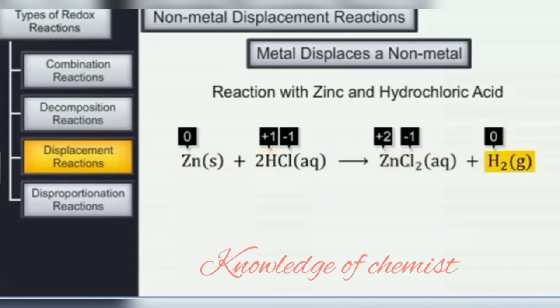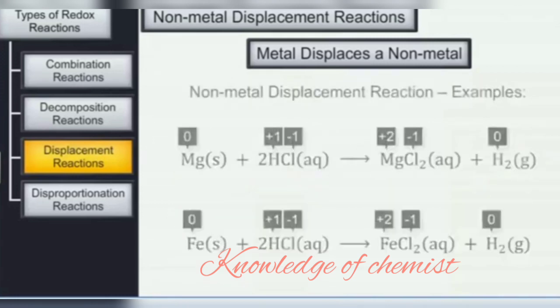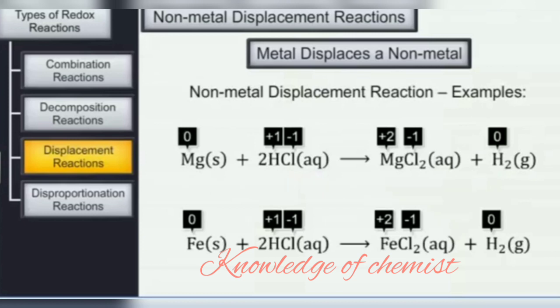Similarly, magnesium and iron react with hydrochloric acid and displace hydrogen to liberate dihydrogen gas along with formation of magnesium chloride and iron chloride respectively.